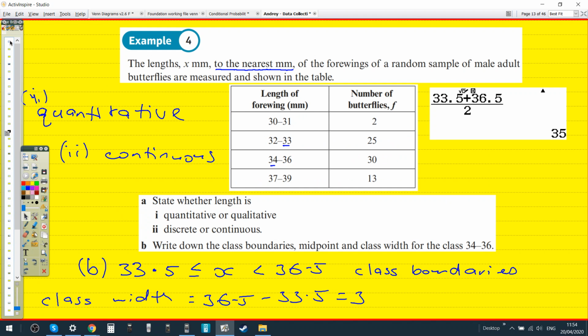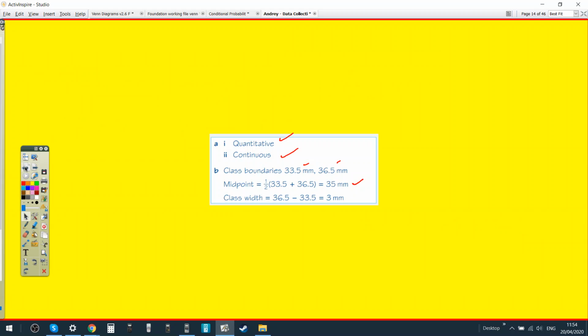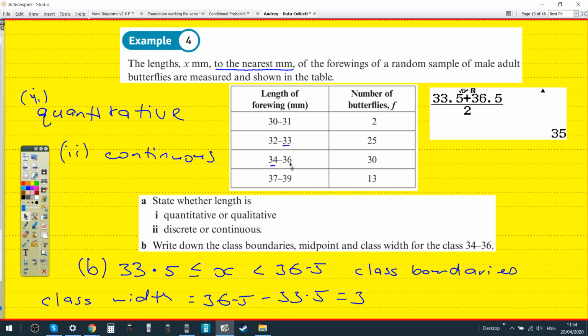Types of data. Why did we have to extend this data to class boundaries? Because they'd only given us two little values. They hadn't given us a midpoint and stuff like that. Let's say for this one, the class boundaries were 45 to 50. For this one, they weren't 34 to 36.